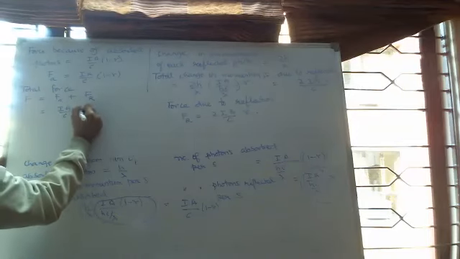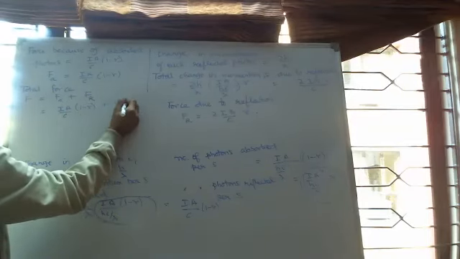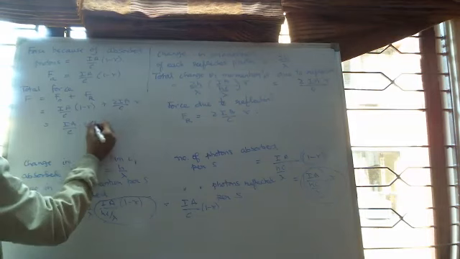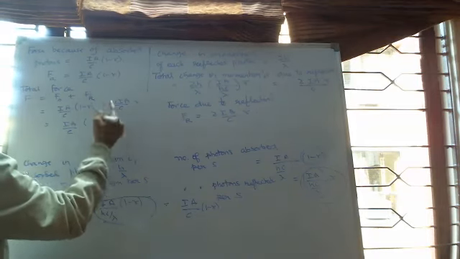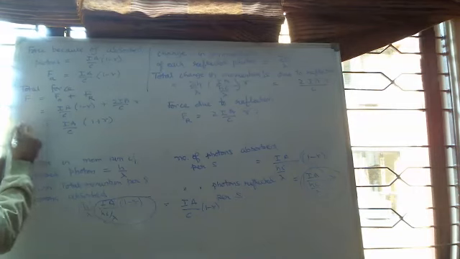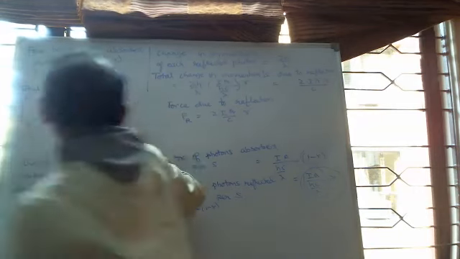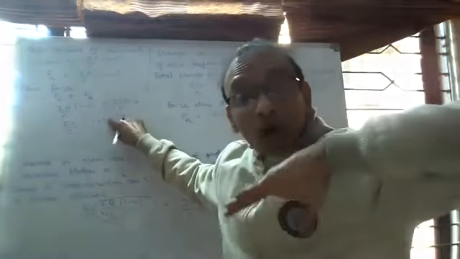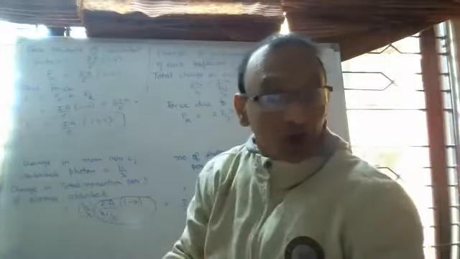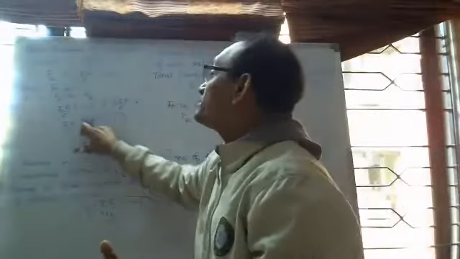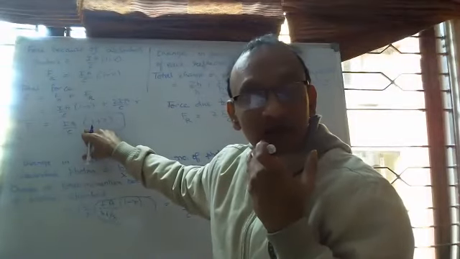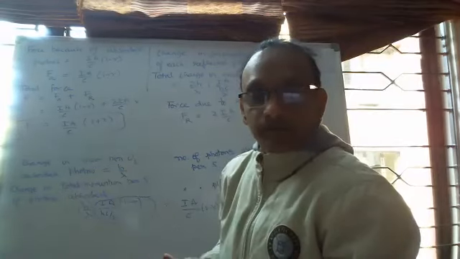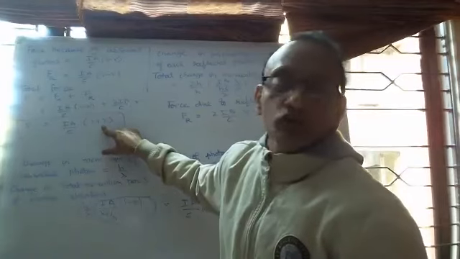IA by C into 1 minus R plus 2IA by C into R. इसमें IA by C common ले लो into 1 plus R is the force due to the entire thing. अब R का अलग अलग वैल्यू, R equal to 0 डाल दोगे तो वो केस आ जाएगा पहले IA by C. R equal to 1 डालोगे total reflection you will get 2IA by C which you got. R का कोई और वैल्यू होगा 0.6 होगा तो 1.6 times IA by C. R will take values from 0 to 1. तो कोई भी केस के लिए ये फॉर्मूला याद रखोगे तो टोटल फोर्स आ जाएगा.